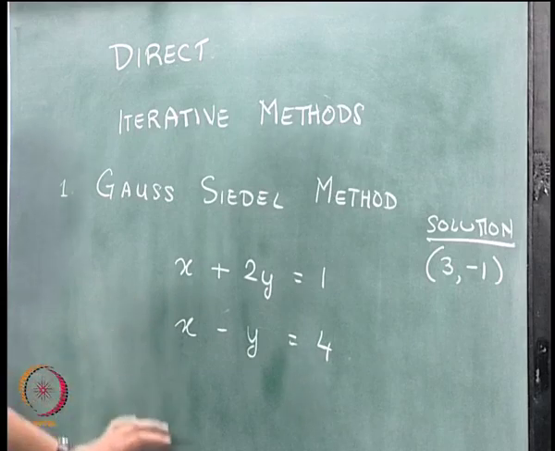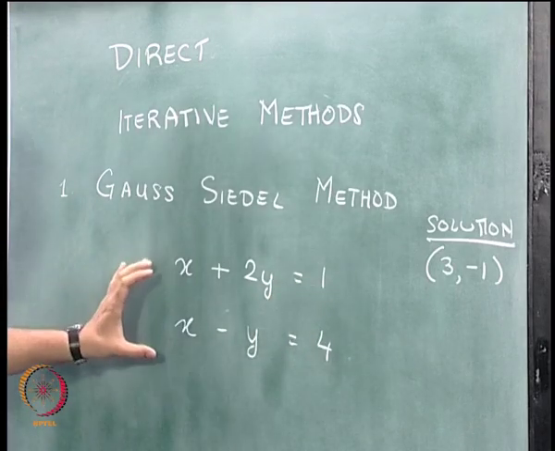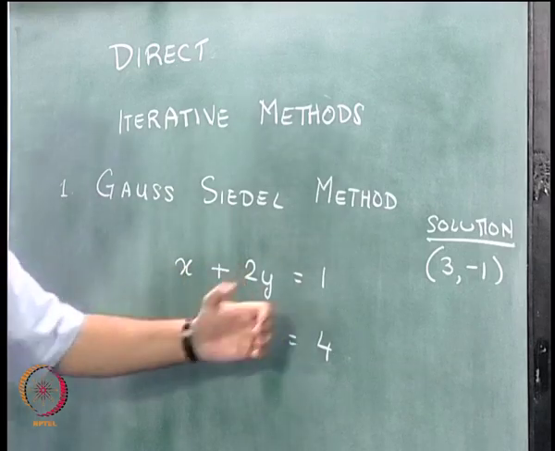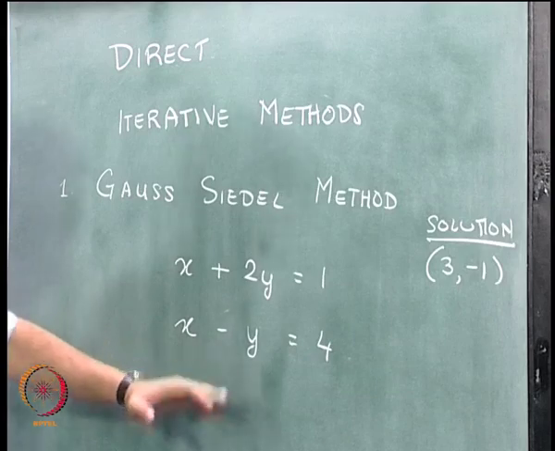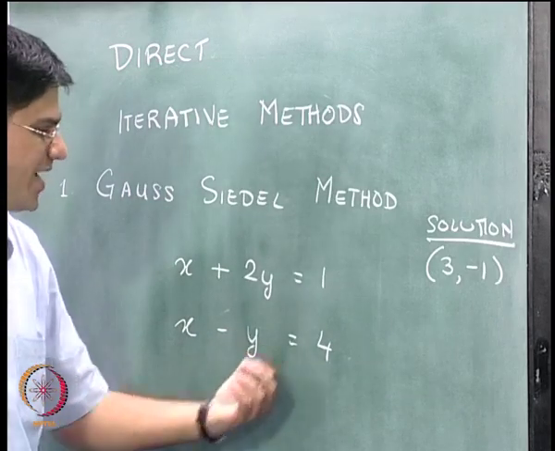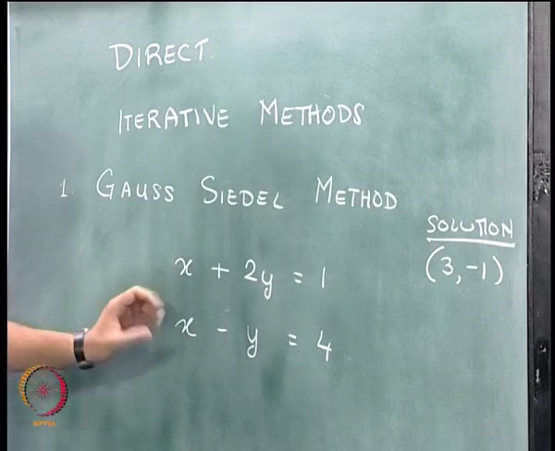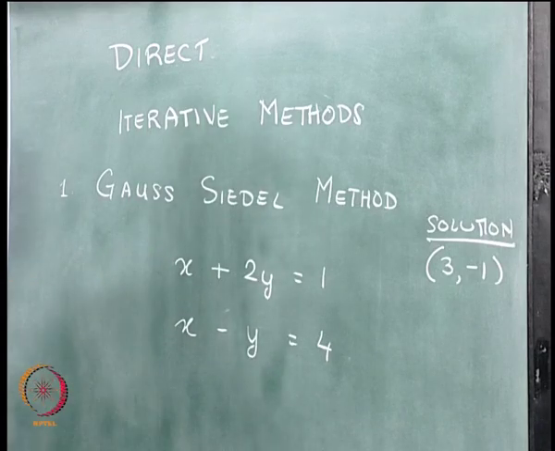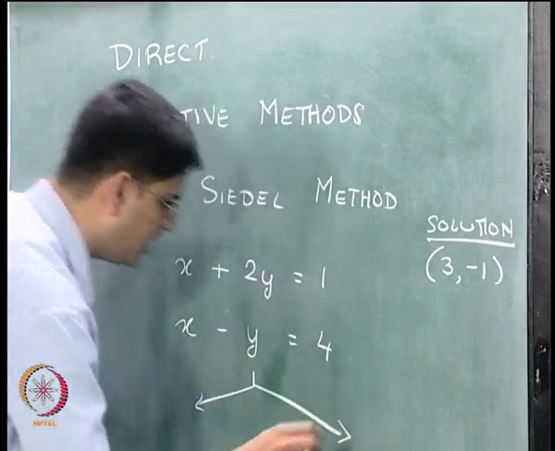What we do in the Gauss-Seidel method is rearrange the equations so that we write one as x equal to something on the right hand side, and rearrange the other so that it becomes y equal to something on the right hand side. Two possible ways of rearranging are fairly clear.